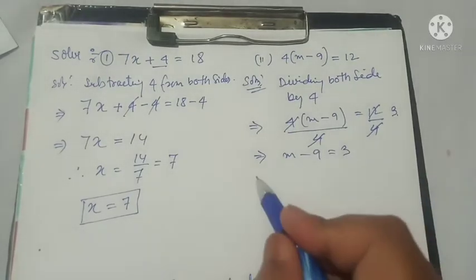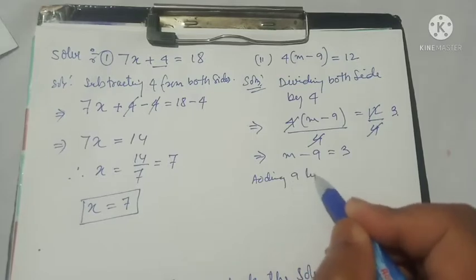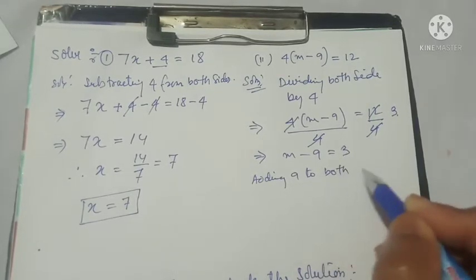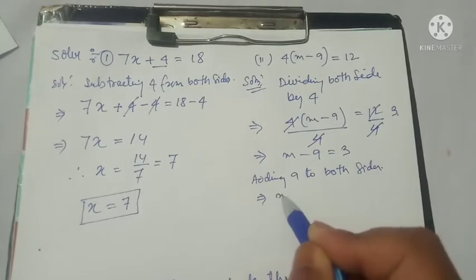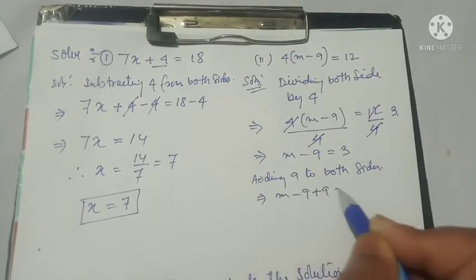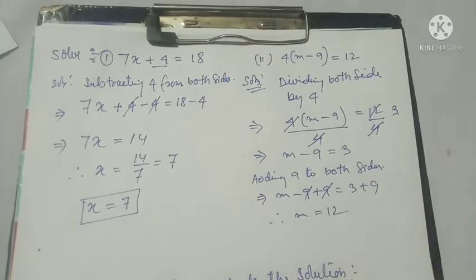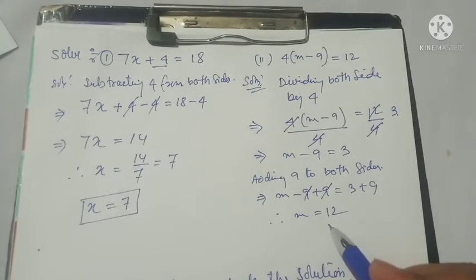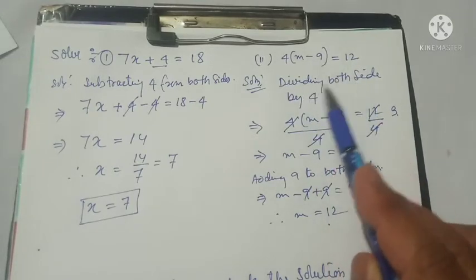Again, adding 9 to both sides. If you add 9 to both sides, 3 plus 9, you can cut this. The value of m will be 12. This is the value of m. See, first what we have to do is divide both sides by 4.